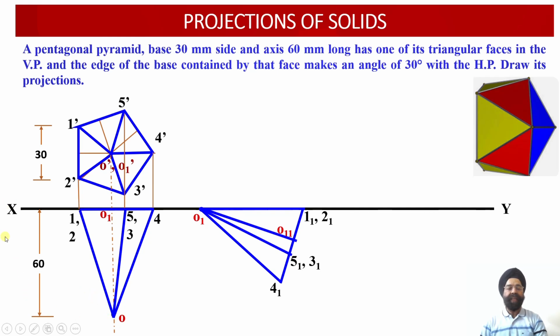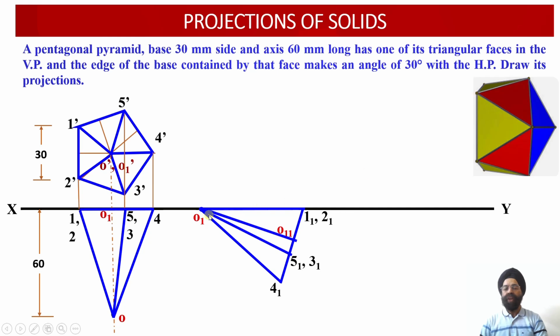So as we rotate the apex in this direction, what we have to do? These top view projections of this pentagonal pyramid have to be reoriented in such a way that this edge O1 or O2 should be contained by the vertical plane. The moment we have this edge, that is O1 and 1, 1 and 2, 1, this represents this particular triangular surface of the pentagonal pyramid.